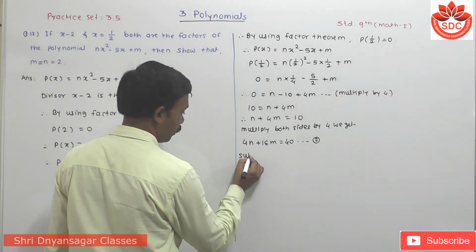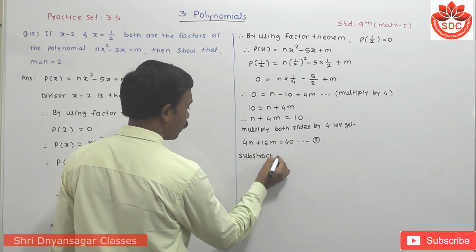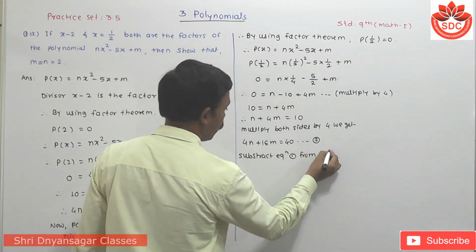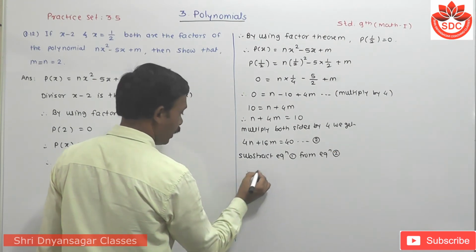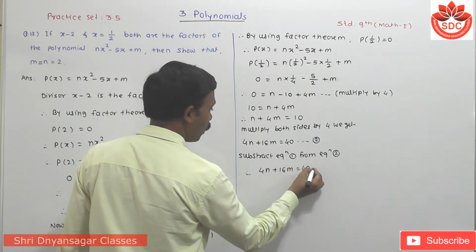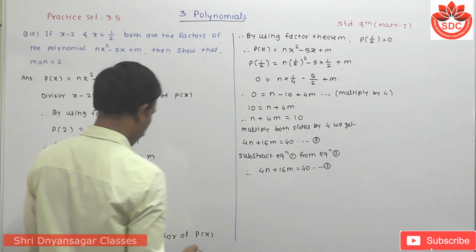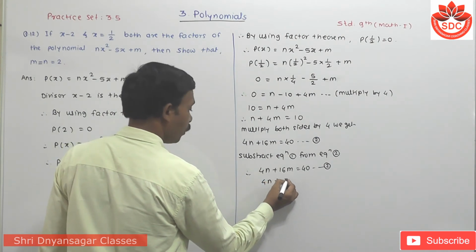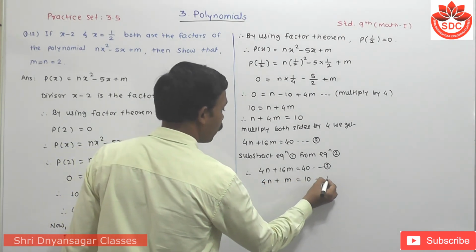Equation first is 4n plus m is equal to 10.